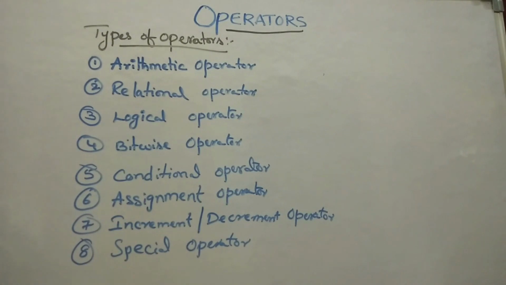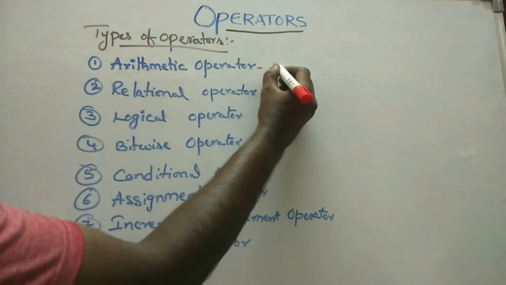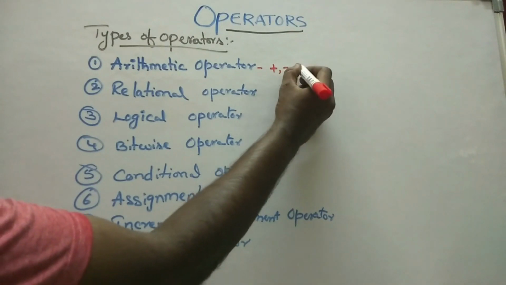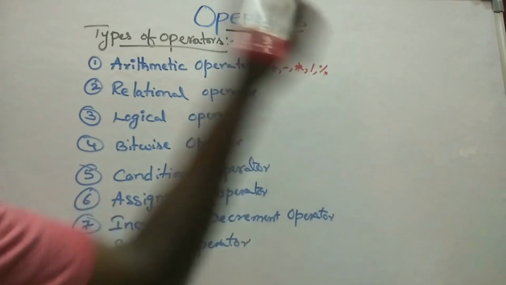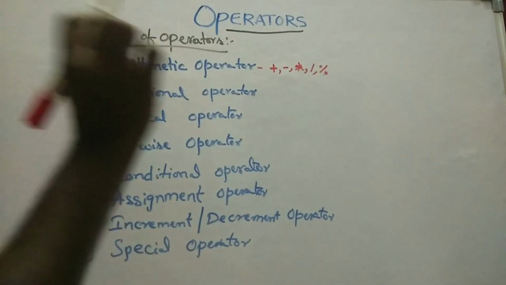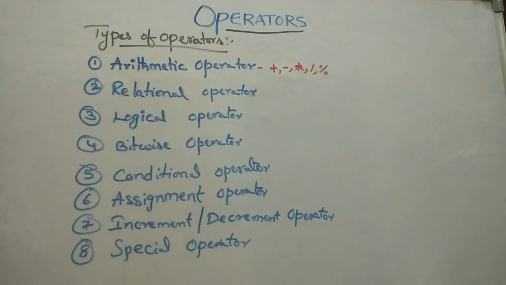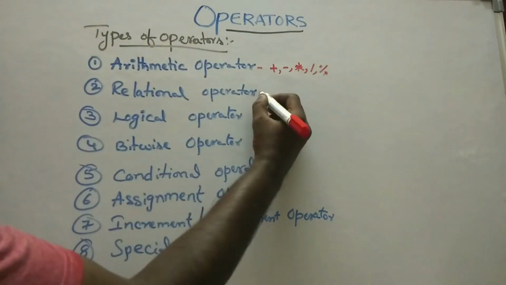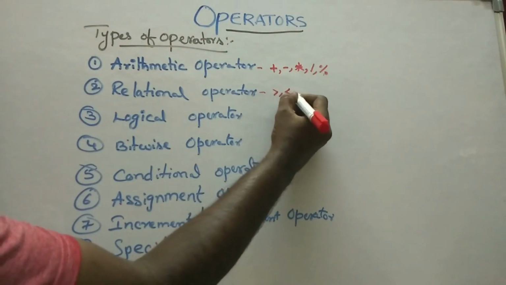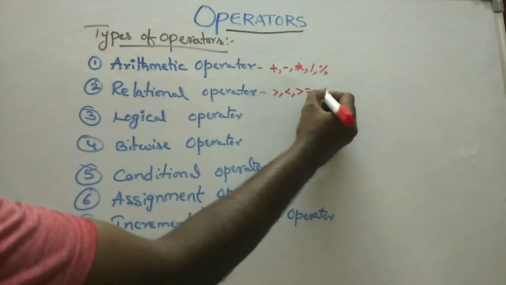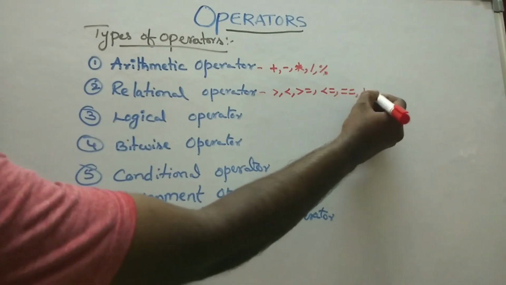Now, what are the arithmetic operators? The arithmetic operators are addition, subtraction, multiplication, division, and modular division. These are the main arithmetic operations we can perform between two values. And the relational operators are greater than, less than, greater than or equal to, less than or equal to, equal to, and not equal to.